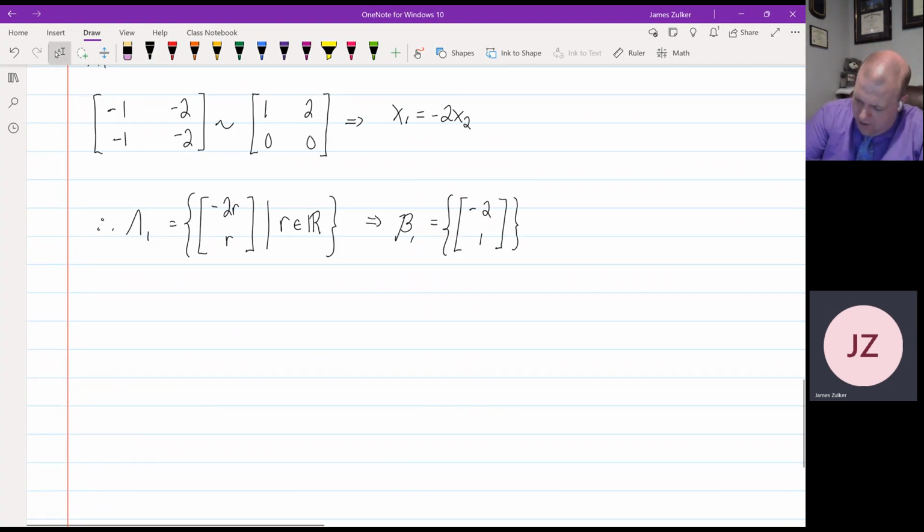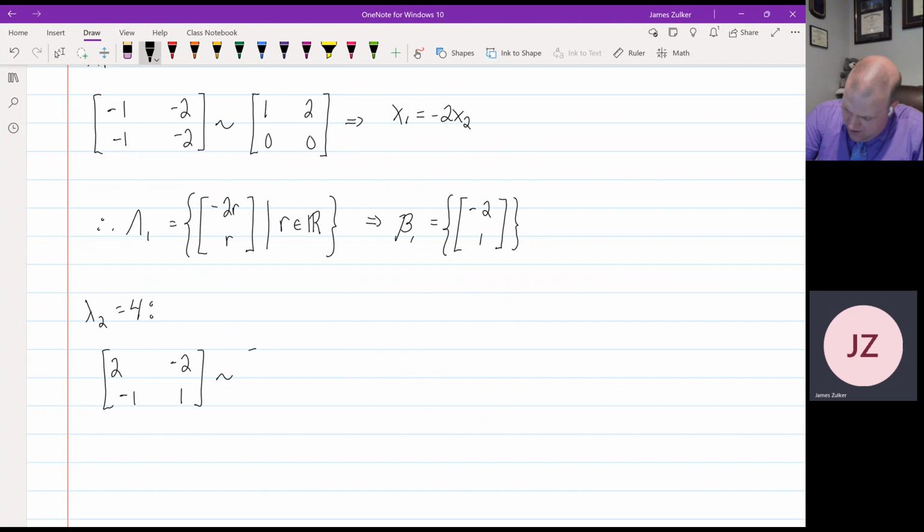Now do the same thing for the eigenvalue 4. If we plug 4 back in, we're going to get the matrix 2, -2, -1, 1, which reduces to 1, -1, 0, 0. In this case, x1 equals x2.